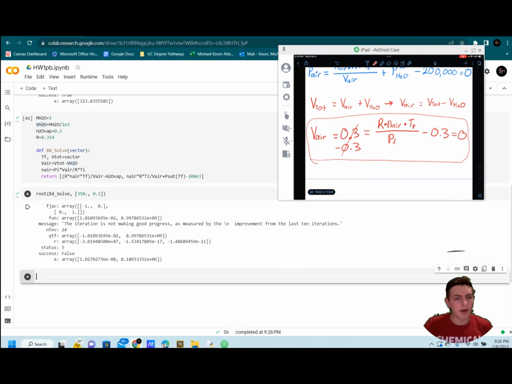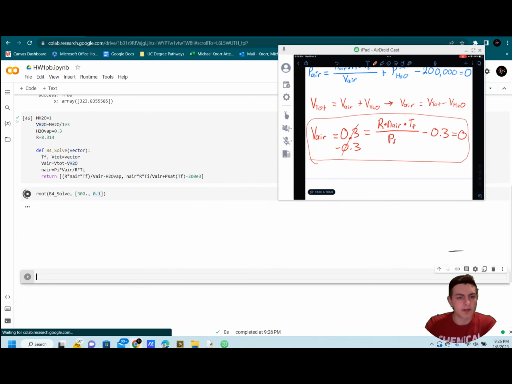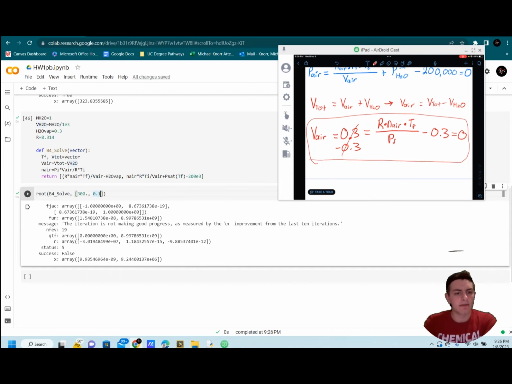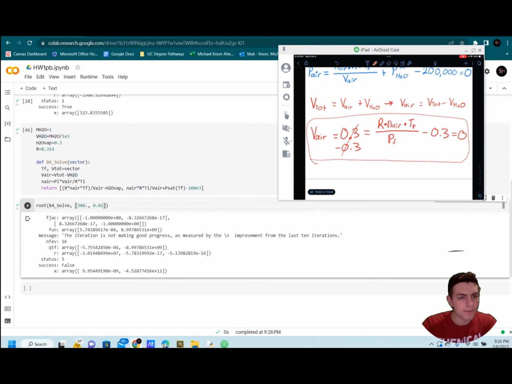So it looks like our initial guesses were a little invalid. So let's try and shake them up here in order to get a slightly different scenario. So I'll just change my initial guess for temperature. And again, it's coming up with slightly invalid guesses there.